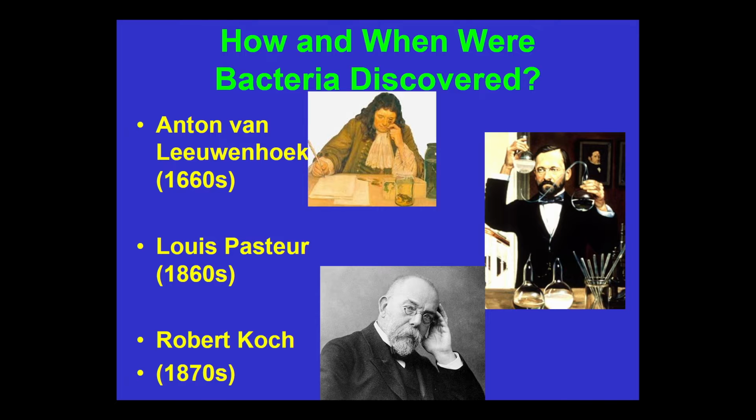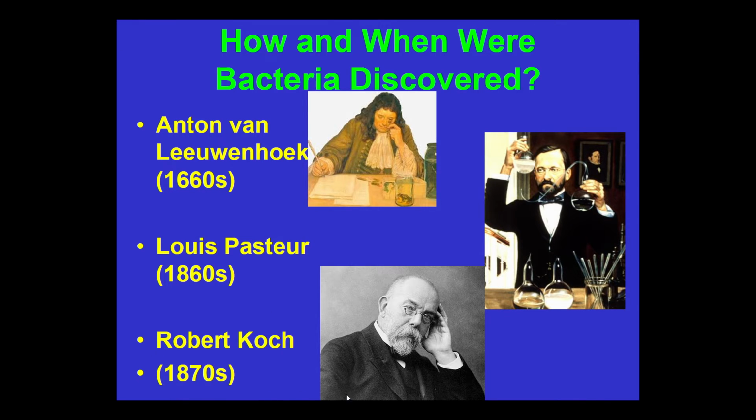The most important names of researchers who made breakthroughs in the study of bacteria are Anthony van Leeuwenhoek, who in the 1660s developed a way to see very small objects by developing microscopy. Then Louis Pasteur and his work with the diseases of wine, which means he found bacteria that spoil wine.